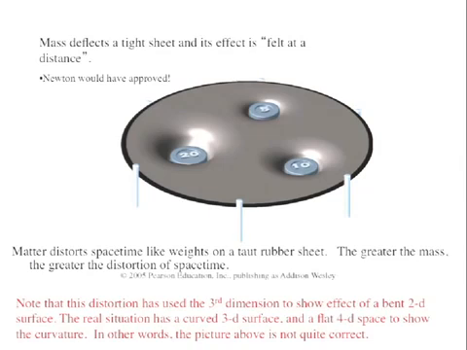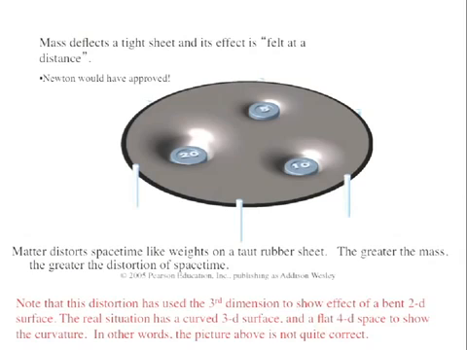It is instead a three-dimensional geometry that's curved into a flat four-dimensional space. So remember, you always have to add a dimension. That's what it says here. This picture is not quite correct.